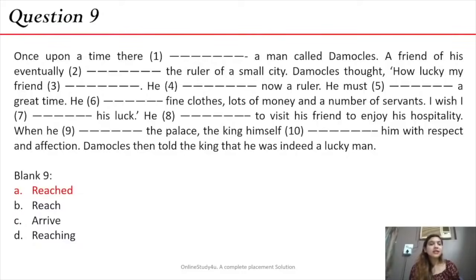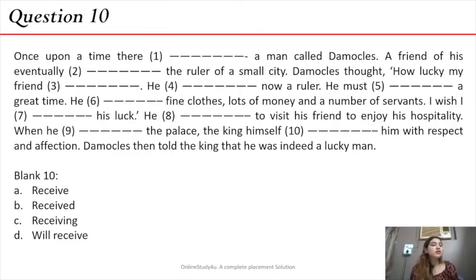So let's look at blank 10 now. When he reached the palace, the king himself received him with respect and affection. The options are: received, receiving, or will receive. Which one do you think will be the correct option for blank number 10? What did the king do?